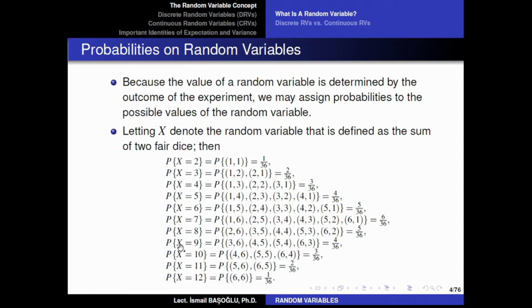The probability that our random variable is equal to 9 is what? The probability of the sum of 2 dice being equal to 9 is possible with one of these 4 outcomes, and the sum of 2 dice being equal to 9 corresponds to this subset as an event, and this subset, my friends, has the probability of 4 over 36.